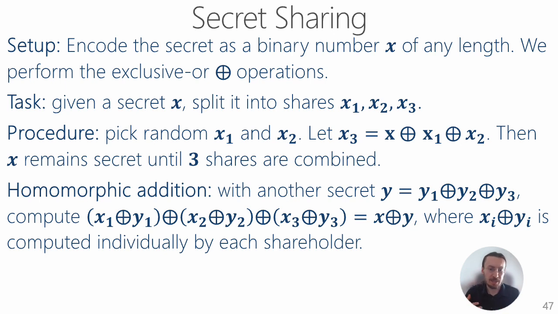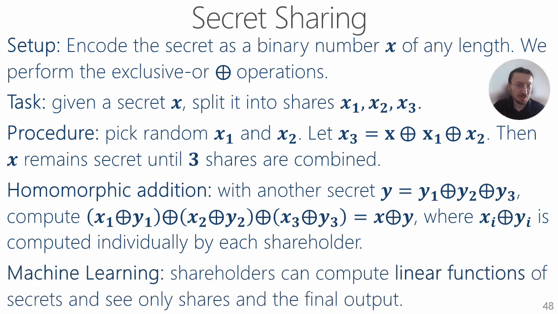So for example, if this is client number 2, then the client number 2 adds x sub 2 with y sub 2. And the final output is the exclusive OR of the secrets x and y. Secret sharing is also used in secure machine learning to compute linear functions of secrets.